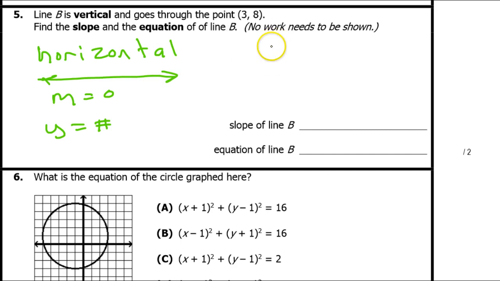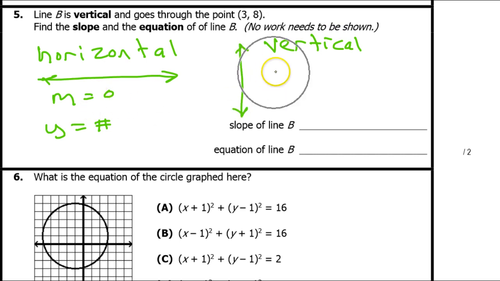Now let's talk about vertical lines. All right, first of all, vertical lines look like this. When it comes to slope, vertical lines always have a slope that's undefined.